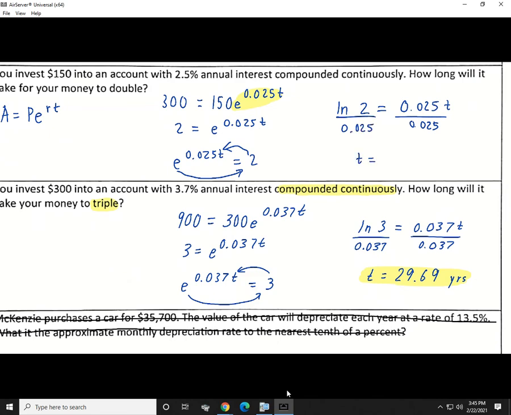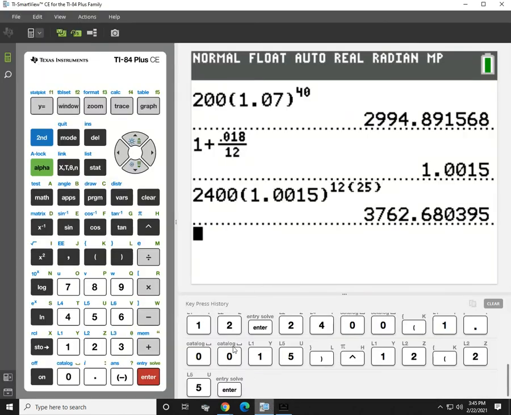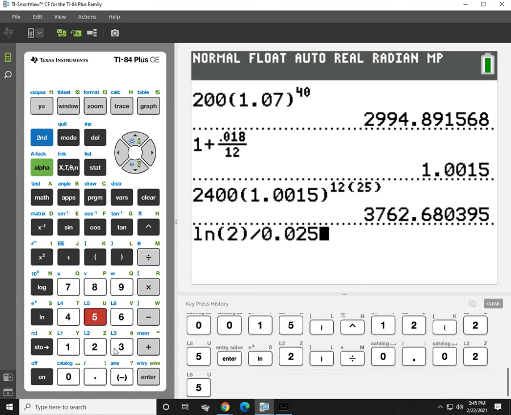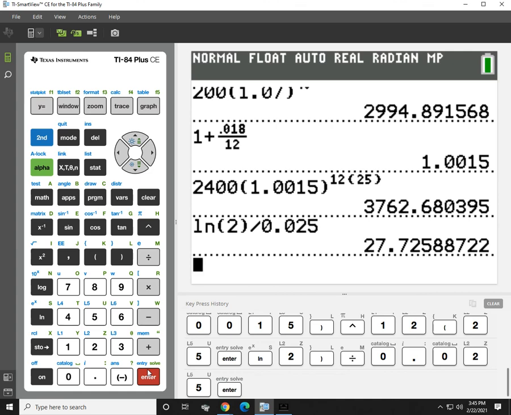So let's go to our calculator and let's do that. Let's type in ln of 2. Don't forget to close that parenthesis off. That way it finalizes that ln of 2, and then it will divide it by 0.025. And that equals about 27 point, what is that, 72, or no, 73.